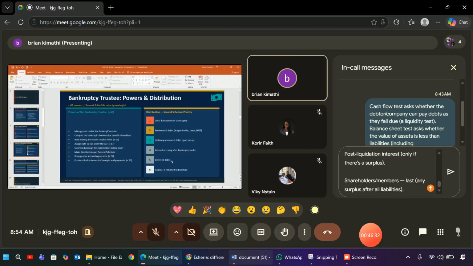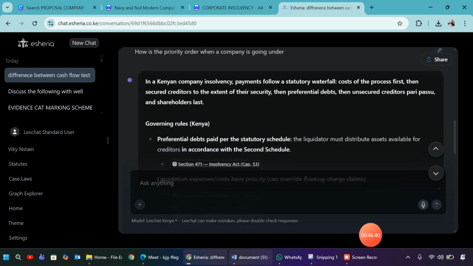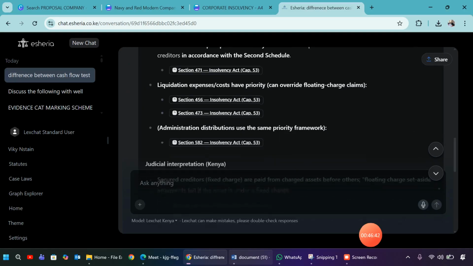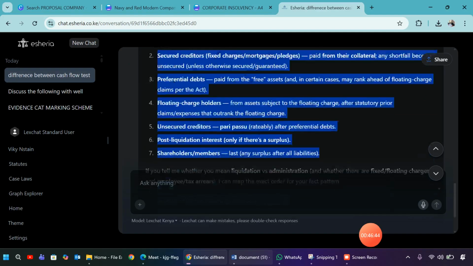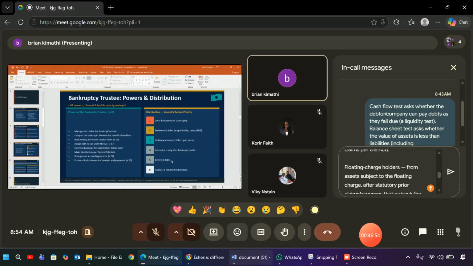So unsecured debts rank pari passu. So what are unsecured debts? The difference between unsecured debts and secured debts, these are the preferential, is that the preferential or secured are backed by contract.